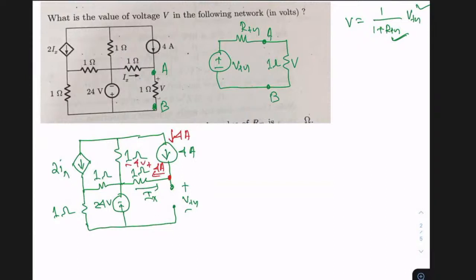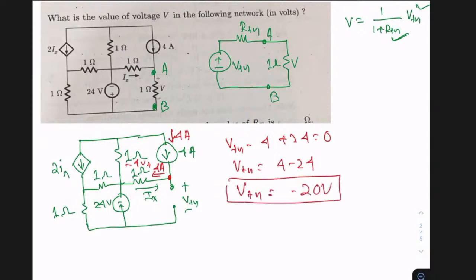Now if I write the KVL equation at this mesh, I'll get VTH minus 4 plus 24 equals 0. So VTH is 4 minus 24, which is minus 20 volts. So the Thevenin voltage is minus 20.